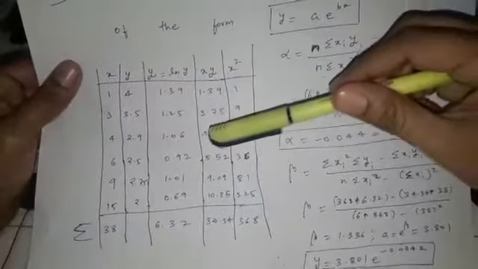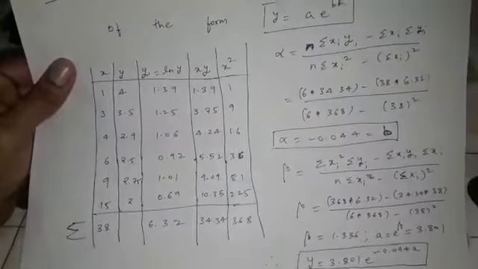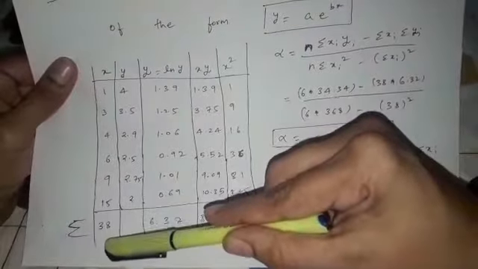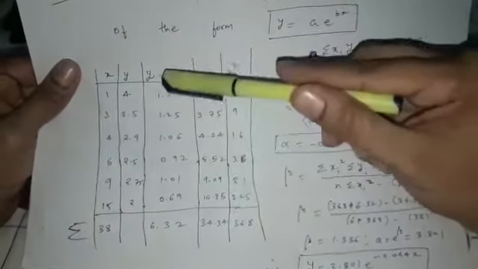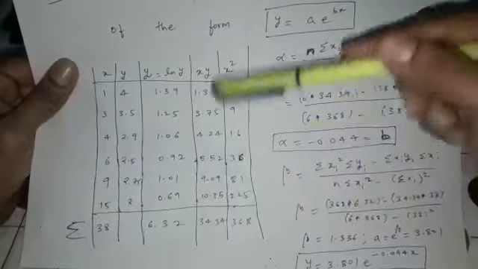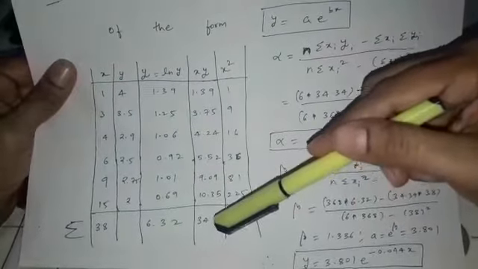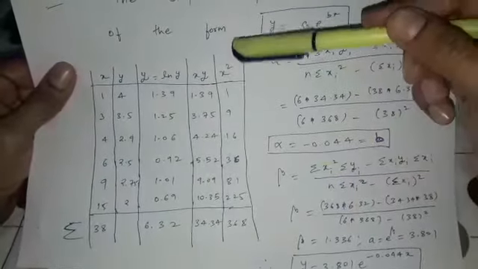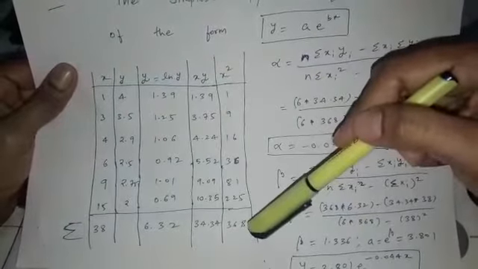After finding xy, find x square. When you do the summation, the summation of x is 38, summation of y is 6.32, summation of xy is 34.34, summation of x square is 368.